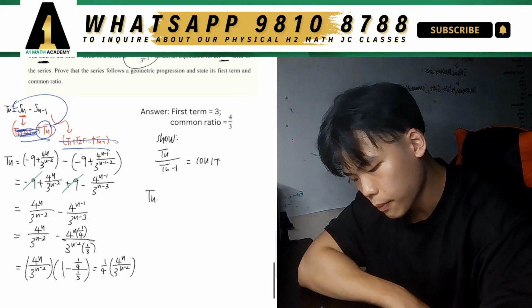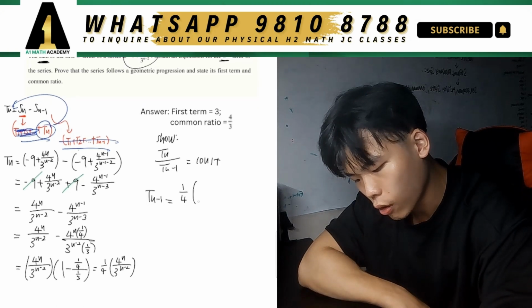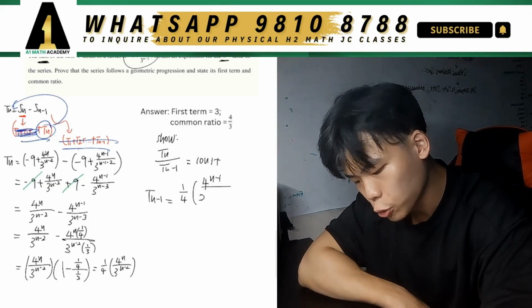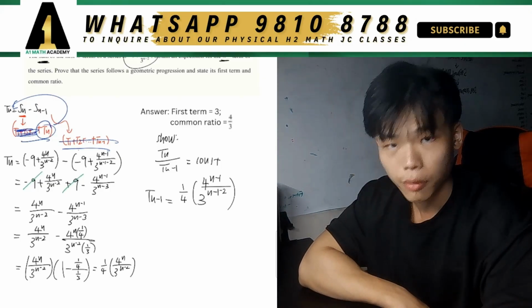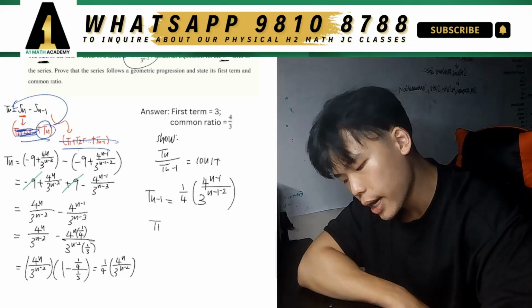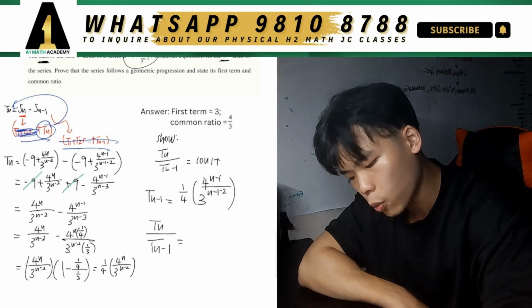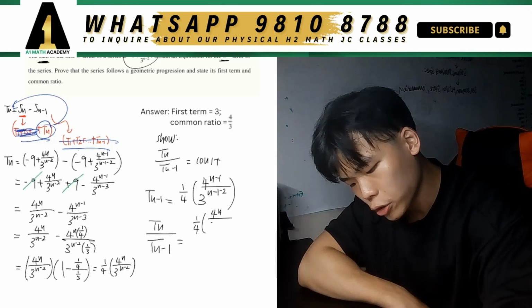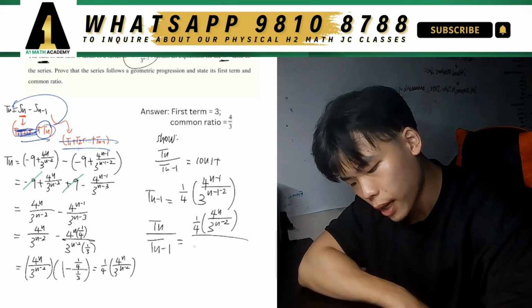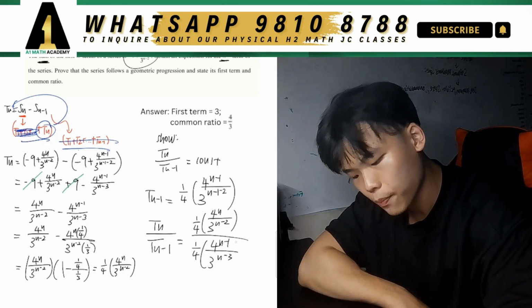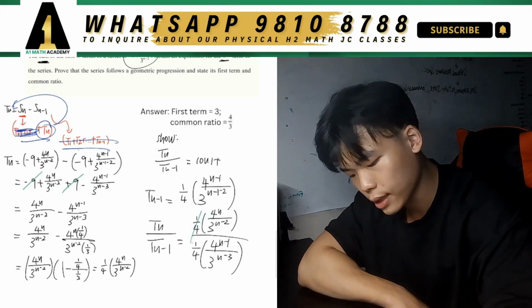So Tn minus 1 would be 1/4 of 4n minus 1 over 3n minus 1 minus 2, yet again. So when we take Tn divided by Tn minus 1, we are taking 1/4 of 4n over 3n minus 2 divided by 1/4 of 4n minus 1 over 3n minus 3. And then you realize that these two will cancel out.